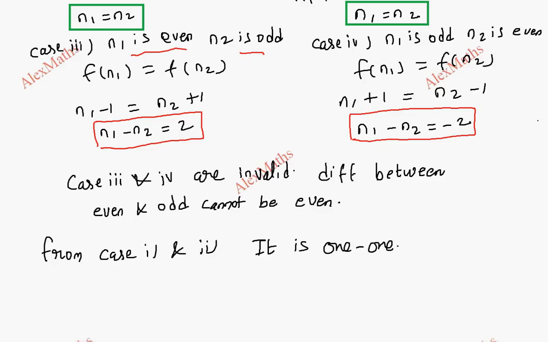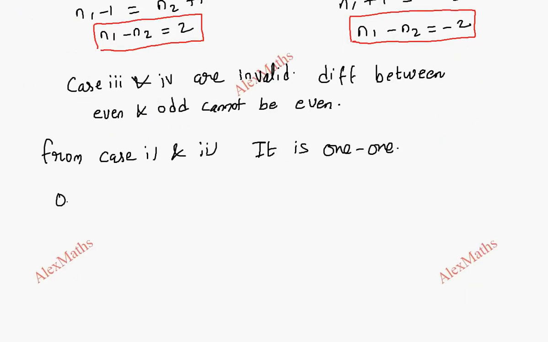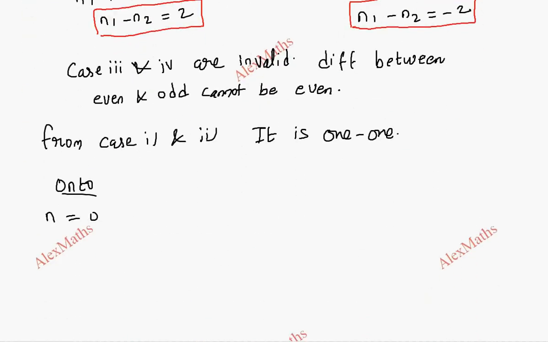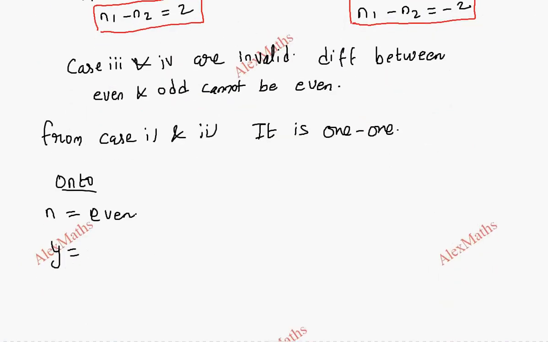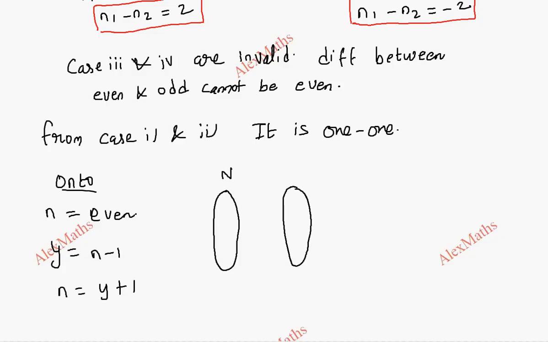Then coming to onto, we again take two cases. The first case is n even. So y equal to f of x, which is n minus 1. From this n is y plus 1. When we go for the arrow diagram, we have natural numbers here and natural numbers here.